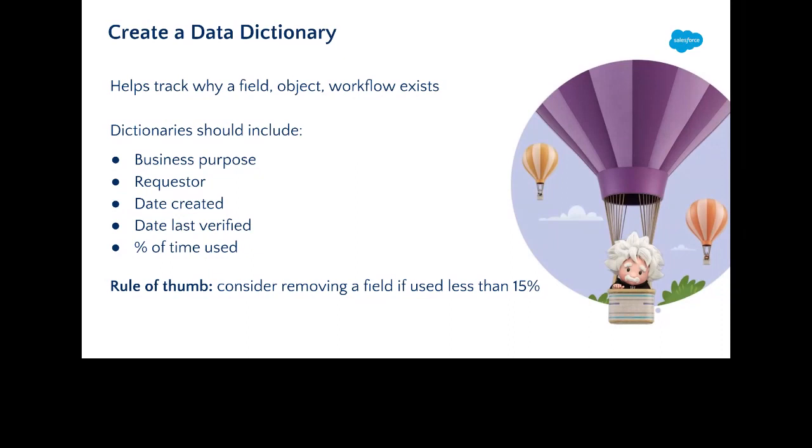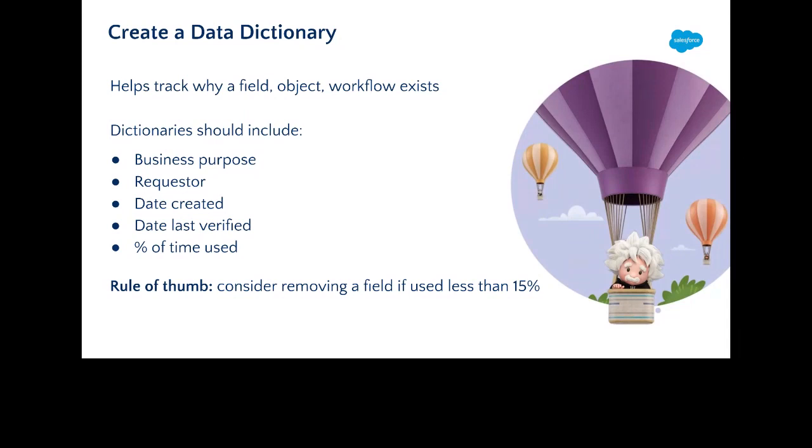As Sabah mentioned, there are additional tools available in the market which can help you with this. That's why it is very important to add a description while creating a new field or object, because that helps you remember why this object or field is being used in the future, when you are assessing your org and identifying which objects and fields are useless anymore.